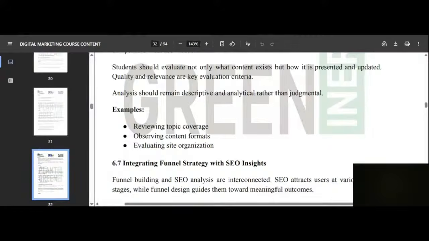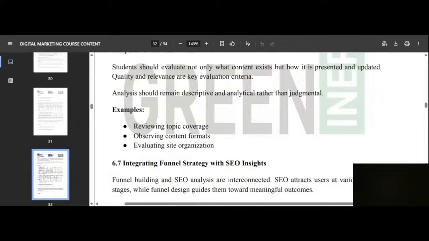Now let me break down to you whatever I have explained about competition SEO analysis. What is competition SEO analysis? Competition SEO analysis means studying your competitor's website to understand why they rank higher and how you can outperform them.